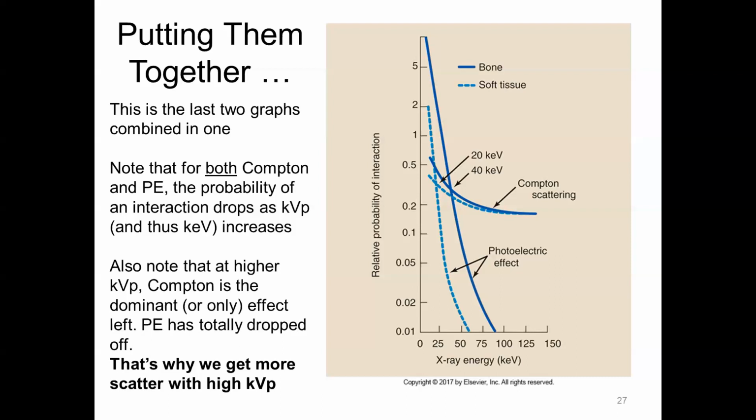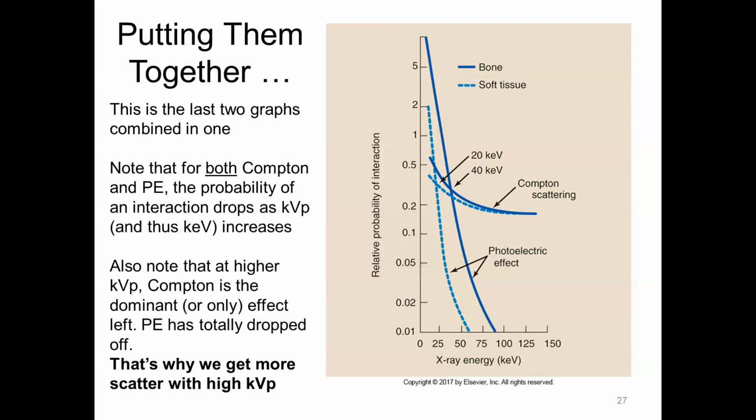And that can trip people up because you see that on an exam question. If I increase my kVp, what does that do to my probabilities? Well, it decreases the probability of photoelectric. It also very slightly decreases the probability of Compton.